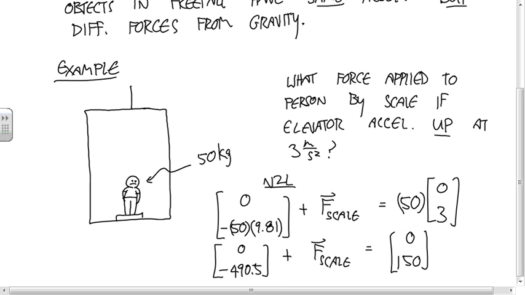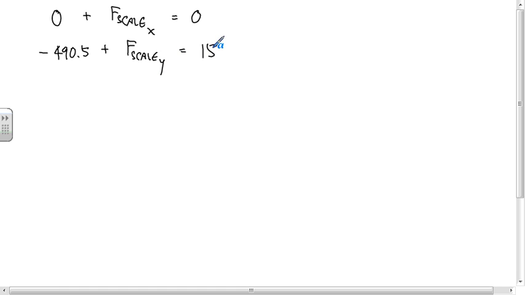And we can break this up into two equations. With any of these vector equations, you can do that. So we have one that says 0 plus F scale's x component is equal to 0. And the second one says negative 490.5 plus F scale's y component is equal to positive 150.